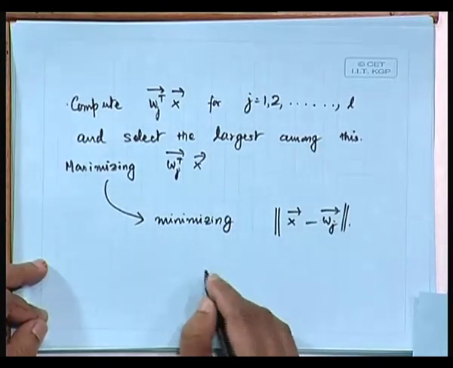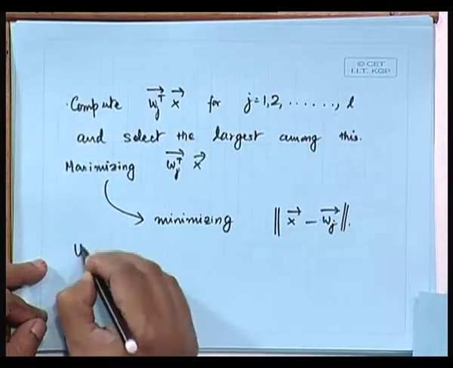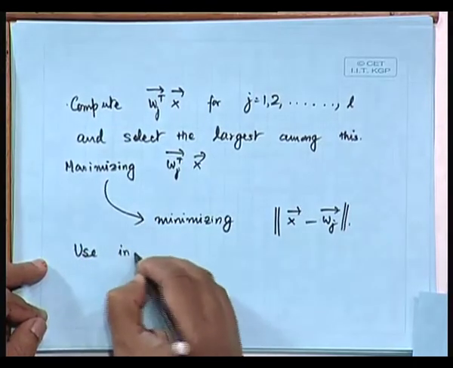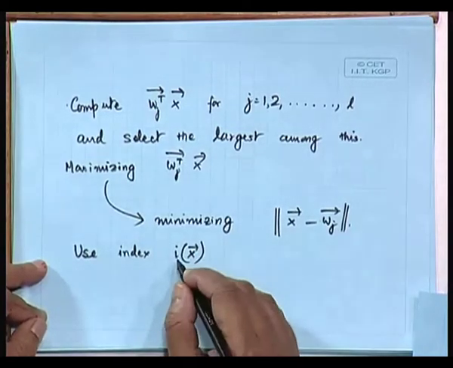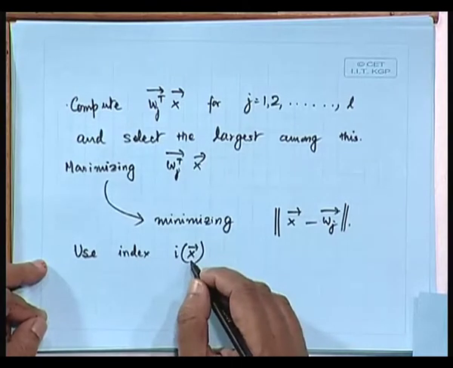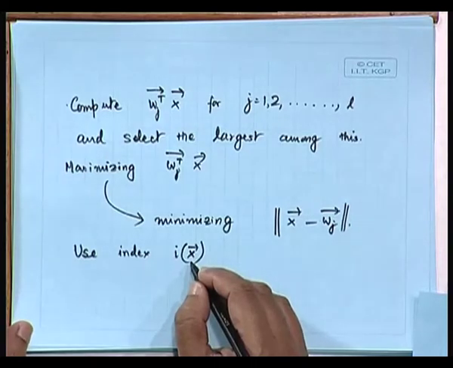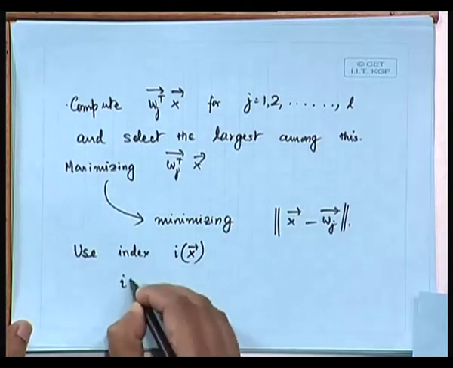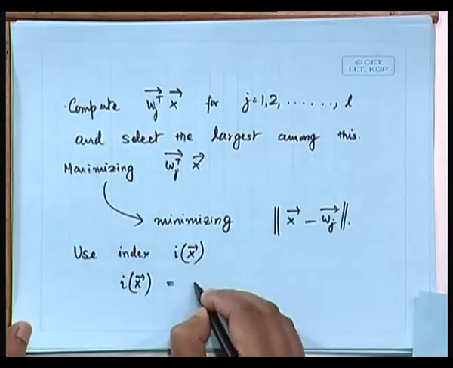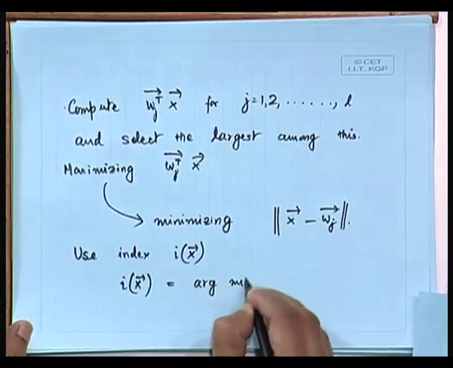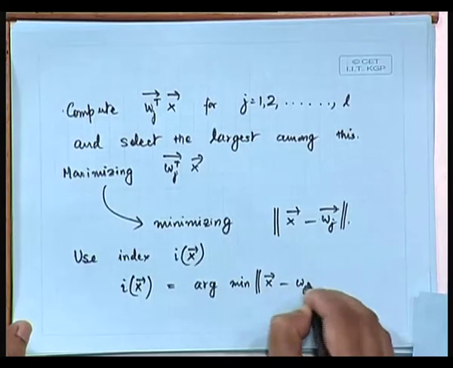So, we use the index I of the x vector, where I is the index based on some input vector x. The index I as a function of the input vector x will be given by the argument of the minimum over all j of the norm of x minus Wj.